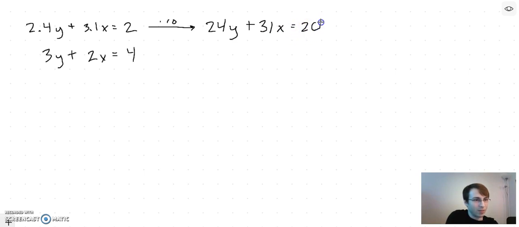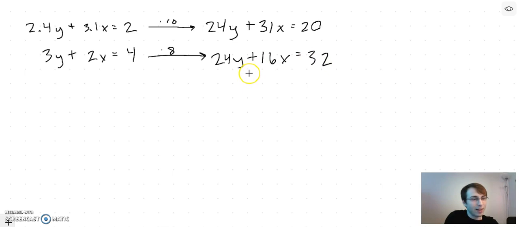Remember that times 10 is just shifting the decimal place. So when you've got decimals, it helps a lot to multiply things by 10. And then here times 8, we get 24y plus 16x equals 32.